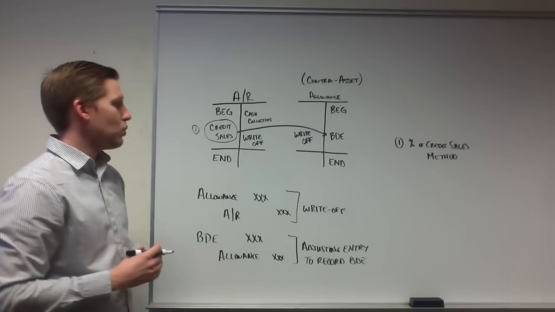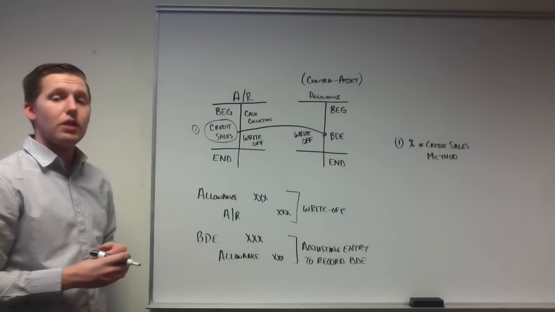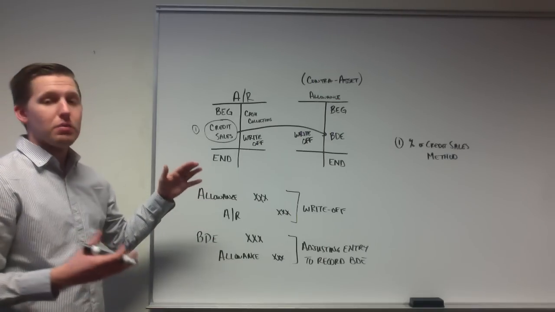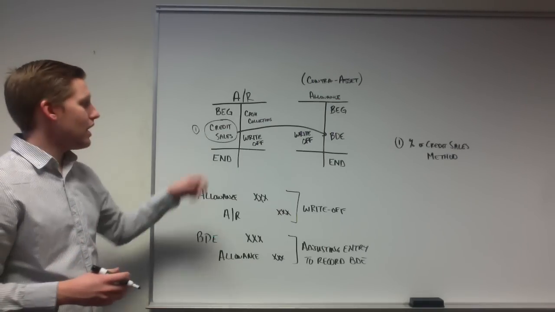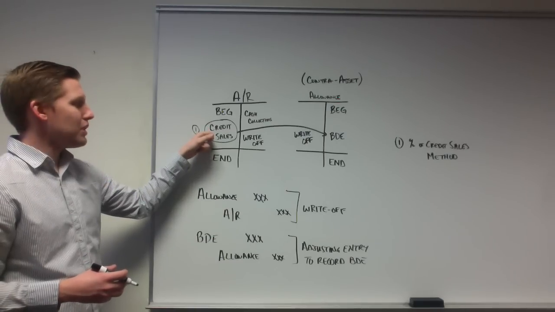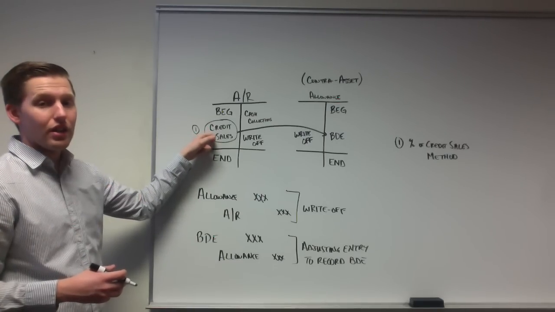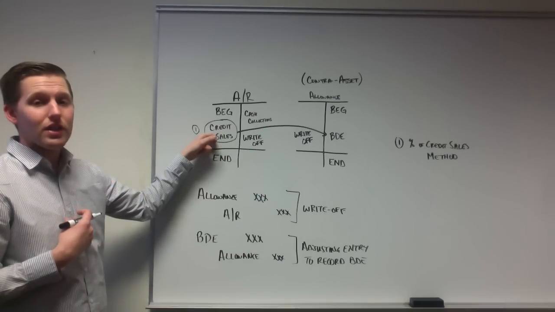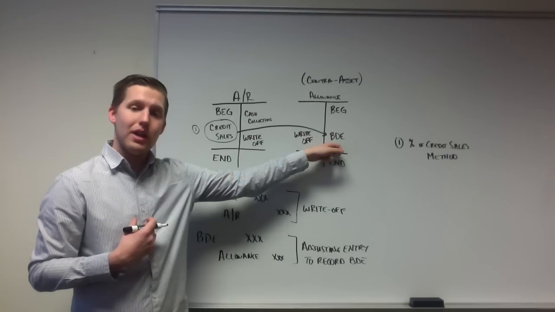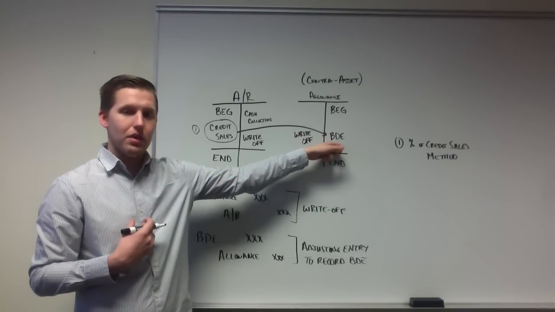The reason this works is because we're taking more of an income statement approach, meaning management's looking at their income statement and we have our sales number. And they say, well, how much of those sales aren't going to be collected? That's the hit that we have to take on the income statement, which is bad debt expense. Expenses go on the income statement.